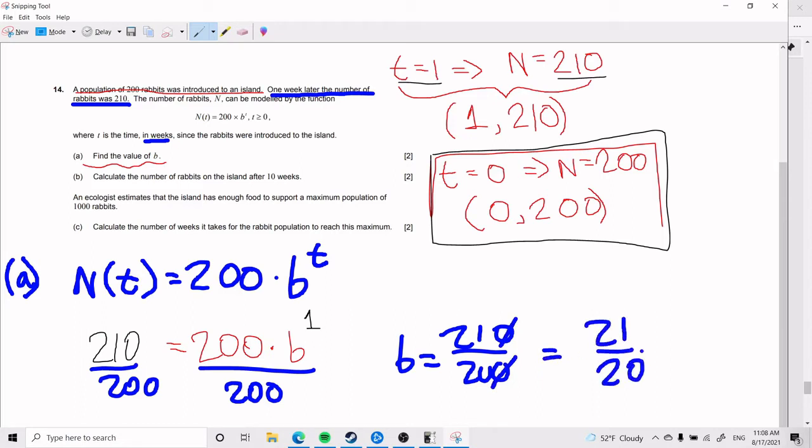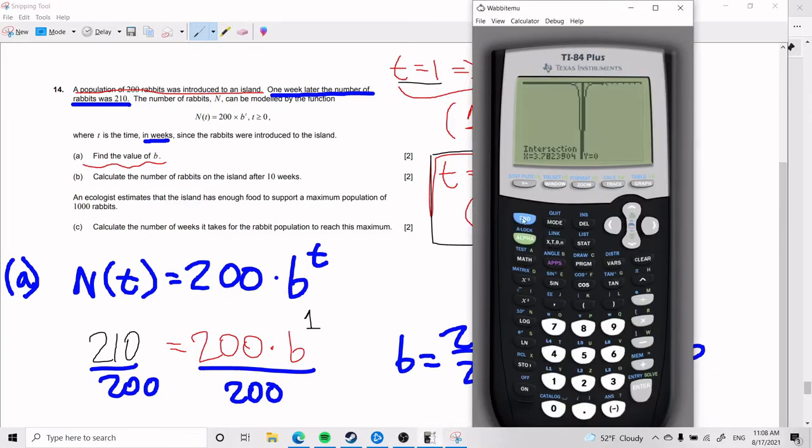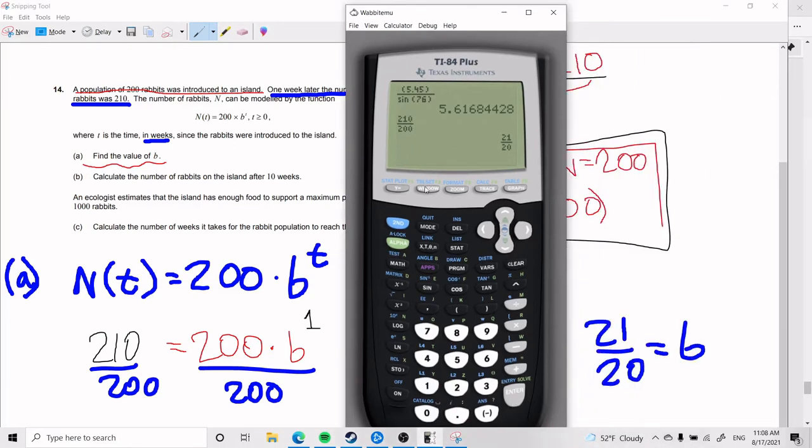And if we get really specific about it, we can go ahead and open up our calculator and plug in 210, just might as well do the whole thing, divided by 200, right? Gives us 21 over 20. And in decimal form, if this calculator would be friendly with me, is 1.05.